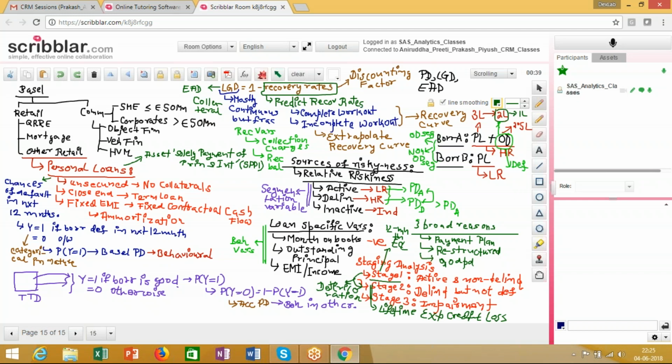What are the key important characteristics? Also, why is staging important in IFRS 9? Why do we require an acquisition PD and a behavior PD? How does the acquisition PD come into play, and how is it used in IFRS 9? Why is the acquisition PD not used in the behavior models?